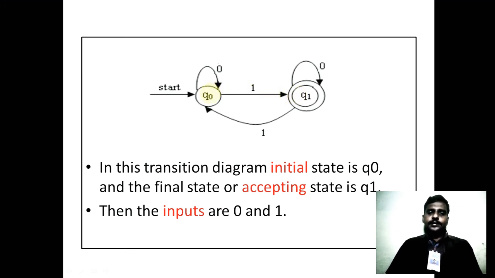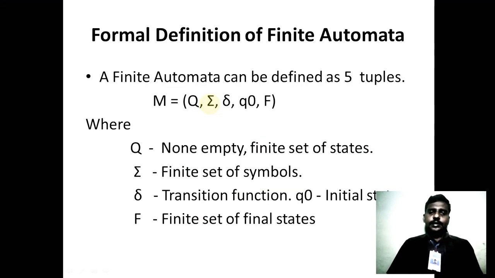Again, second transition, q0 reads 0 and goes to q0. Again, q1 reads 0 and goes to q1, and q1 reads 1 and goes to q0. This is the transition. Can you understand? Delta means transition, don't forget.